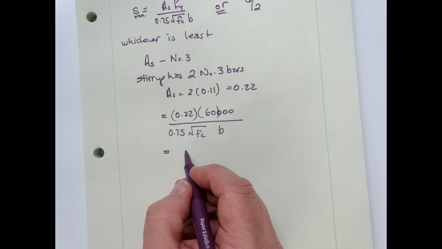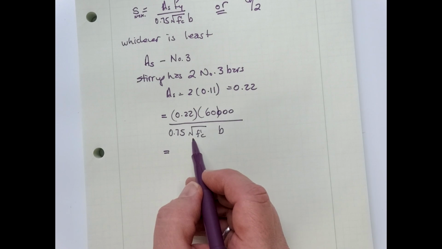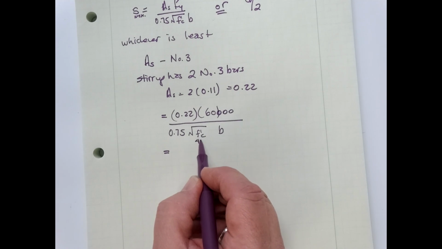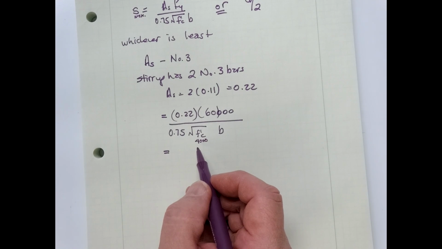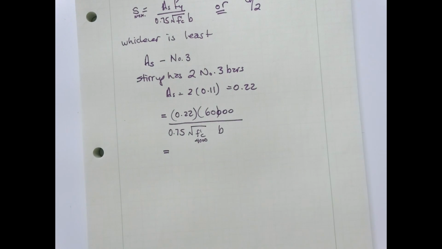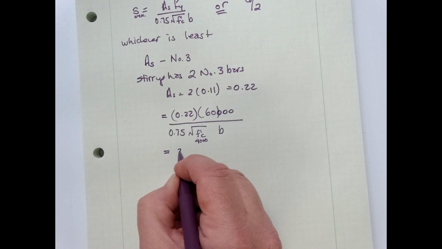Anyone else get the same number or a different number? Oh, so then you're using 4,000 for F prime C. That's 4,000, yep. That sounds better.